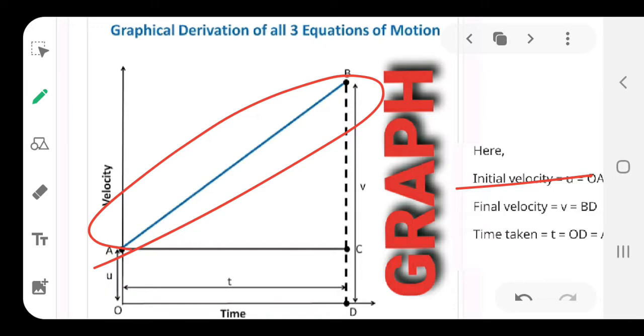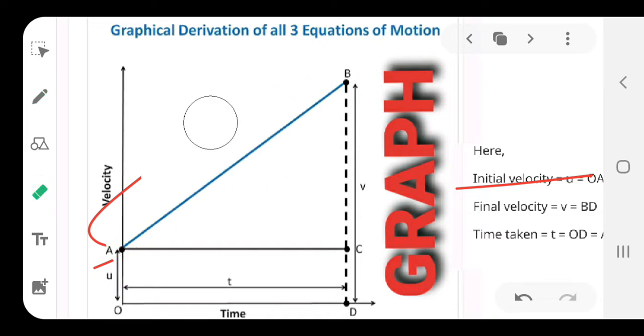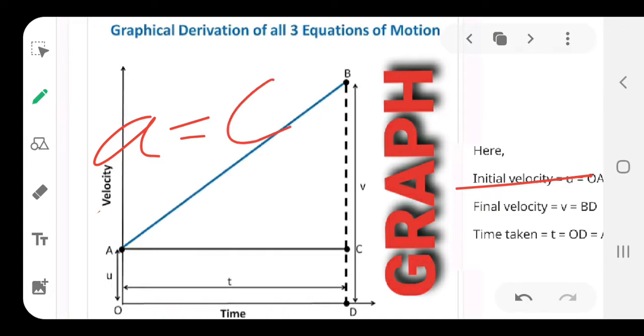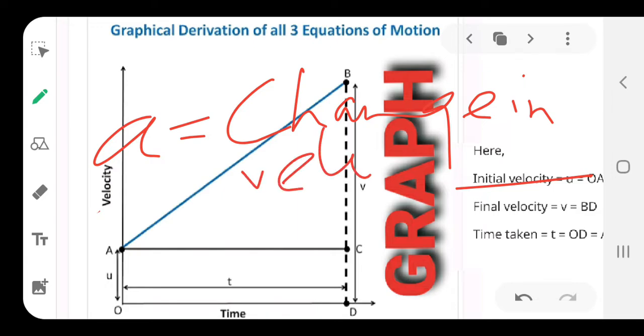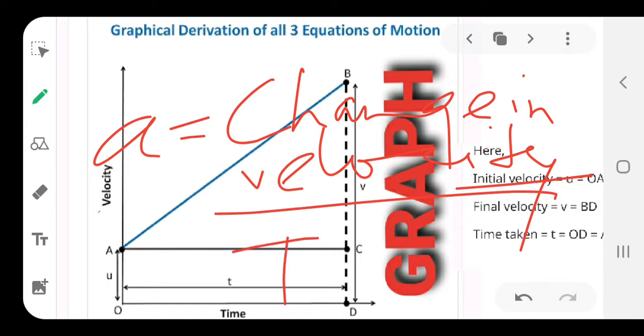a equals change in velocity over time. Write it down: change in velocity over time.